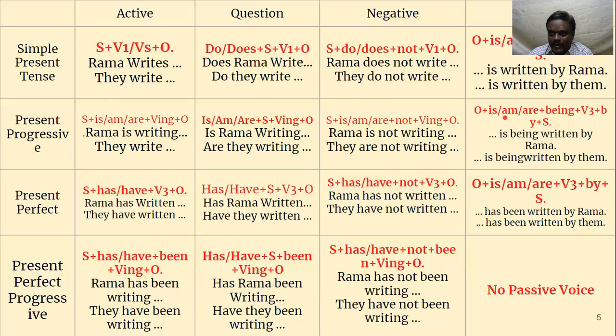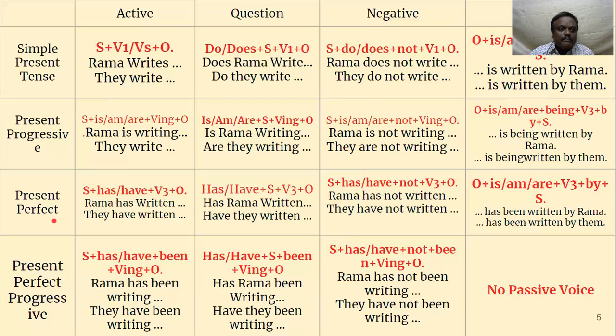But here, B form plus being plus V3. So, a letter is being written by Rama. B form plus being plus V3. This is very important. You see, a letter is being written by Rama. In the same way, a letter is being written by them. Whatever it is, we have to use B form plus being plus V3.